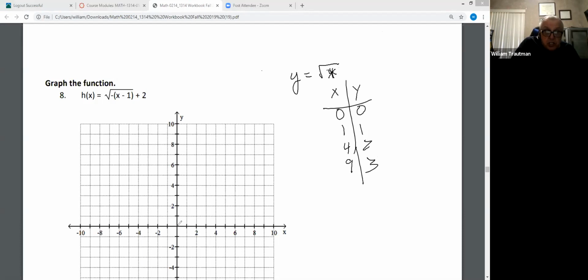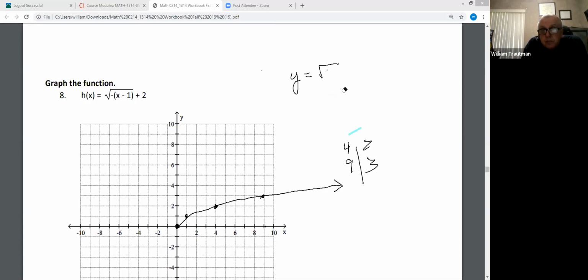In other words, the graph looks like this: 0, 0, 1, 1, 4, 2, and 9, 3. Remember, the square root graph looks like this, and it goes on up and over to the right forever. That's what a square root graph looks like.